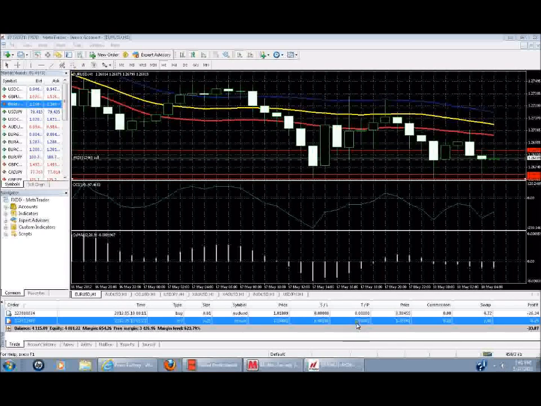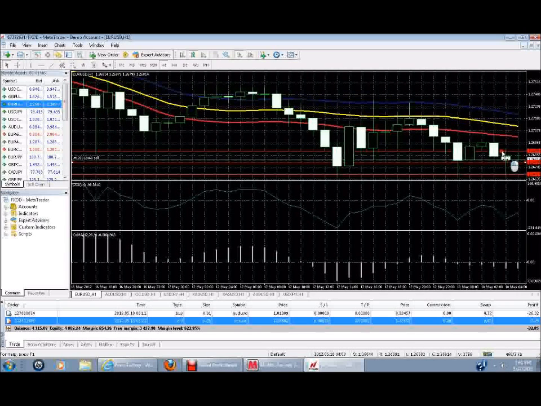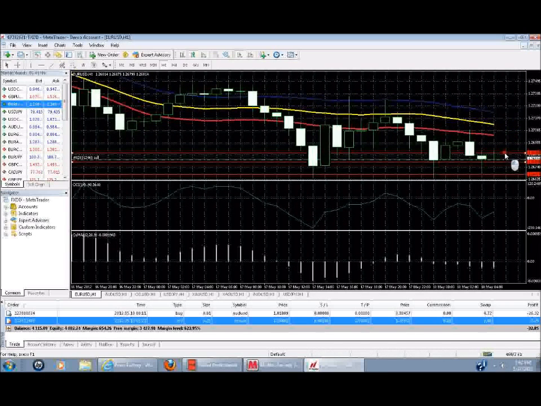Is it going to open up at a lower high or a higher low? So is the low going to be higher, or is the high going to be lower? I have to get that concept in my mind.